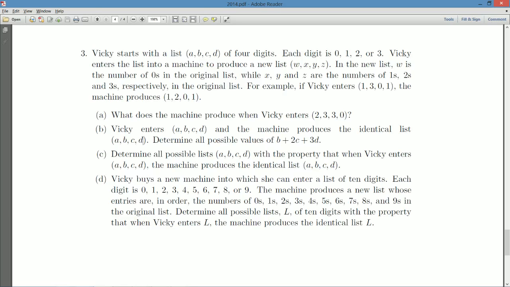Determine all possible lists, I guess we're naming them now, L, of 10 digits with the property that when Vicky enters L, the machine produces the identical list L. Okay. So, how should we approach this? What could we do?